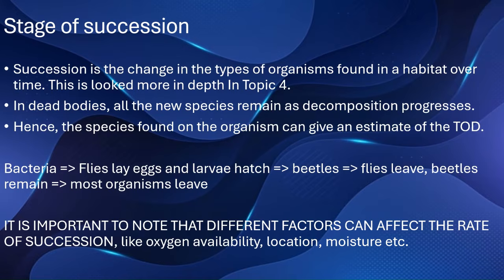So the population of flies begins to reduce. The beetles remain, however, because they thrive in dry environments anyway. After a certain amount of time, most organisms begin to leave, but this is the general cycle of succession. However, different factors can affect the rate of succession, like oxygen availability, location, moisture content, etc.